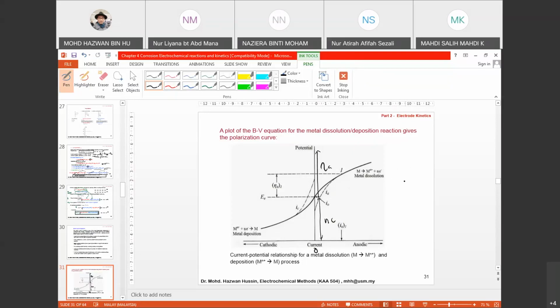It doesn't matter, there is no fixed plotting. Okay. So like this one, you will see that as we increase the potential, we observe a linear increase in the current density value. Meanwhile, if we decrease the potential, you have a decrease of current as well. Okay, right.